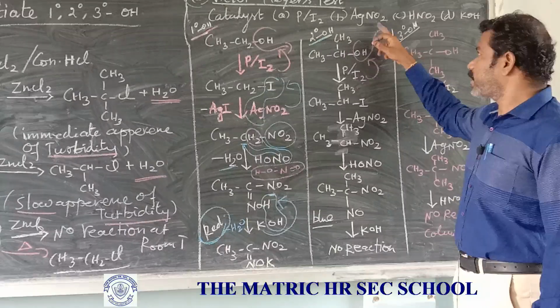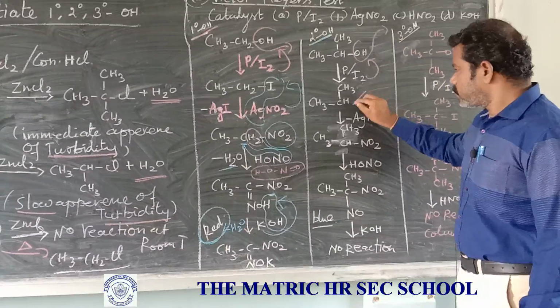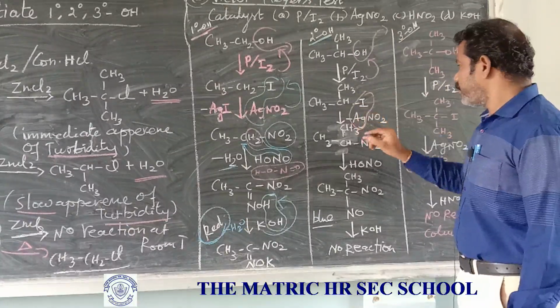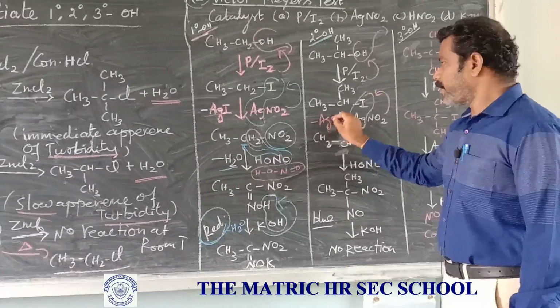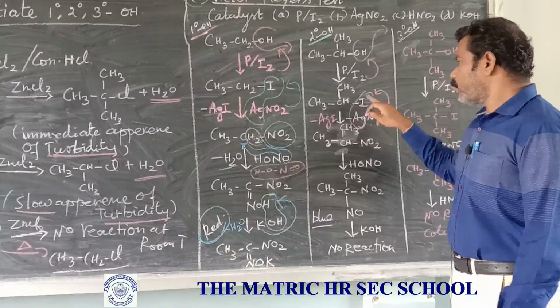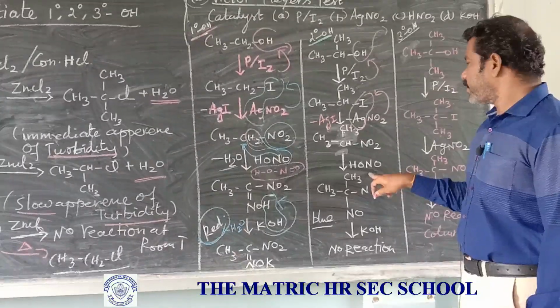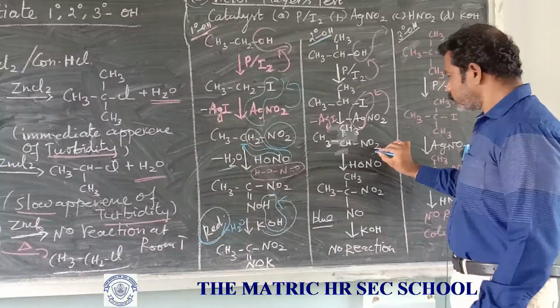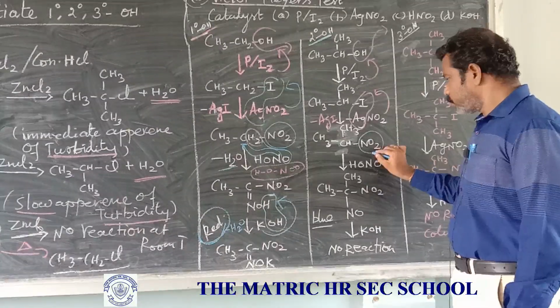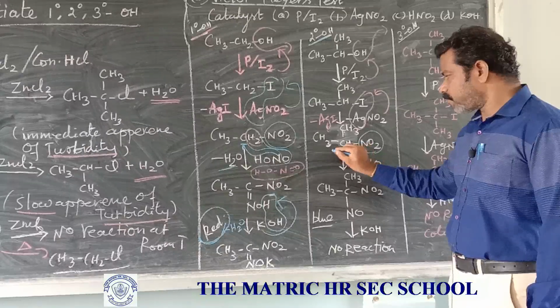Then add the second catalyst, silver nitrate. Silver iodide leaves, the nitrate is substituted, so silver iodide is going out. The nitrate compound is substituted. Then you will add nitrous acid, the same. The functional group is present at the alpha carbon.